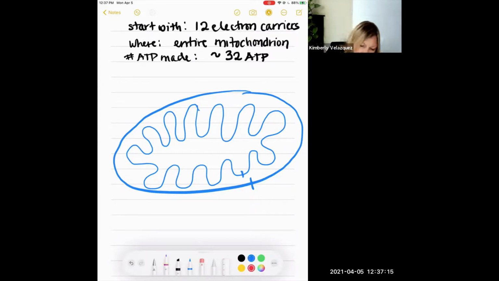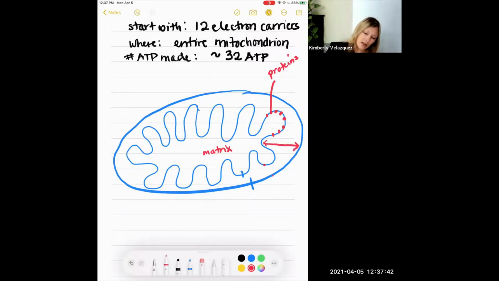Embedded in this membrane are some really important protein complexes that make up something called the electron transport chain. Okay, so these are proteins that are embedded in that inner membrane. So remember, this is the matrix, this is the inner membrane, this is the outer membrane, and this is the intermembrane space in between here.